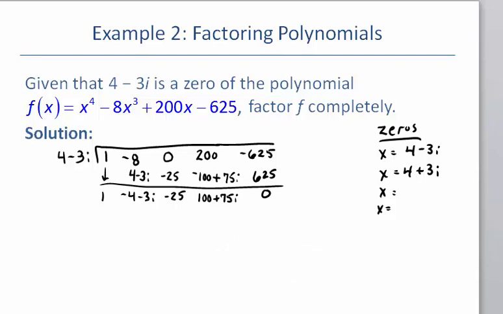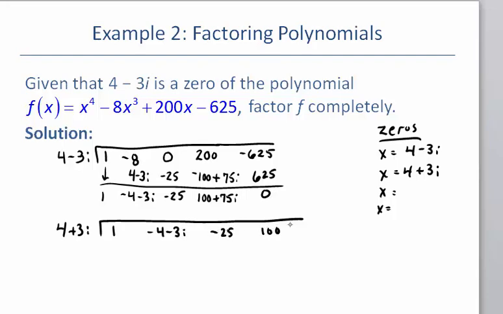All right, so what we've done now is reduced that fourth powered polynomial down to a third power. We have another 0, so we're going to do the same thing. We're going to do 4 plus 3i this time. And we're going to divide into the reduced polynomial. So where we left off before, we're going to divide into that.